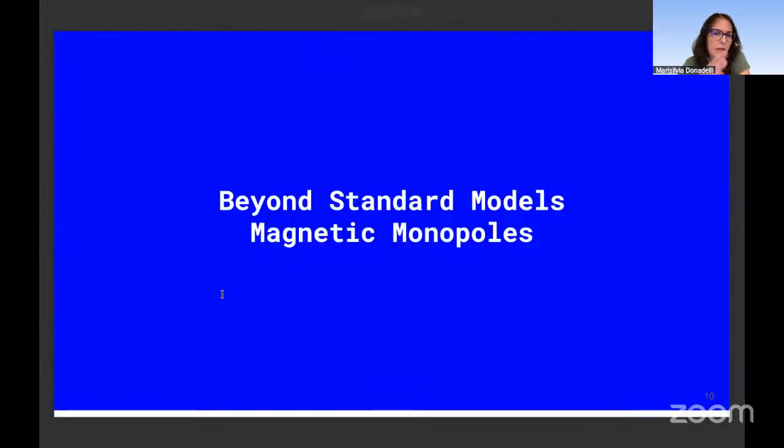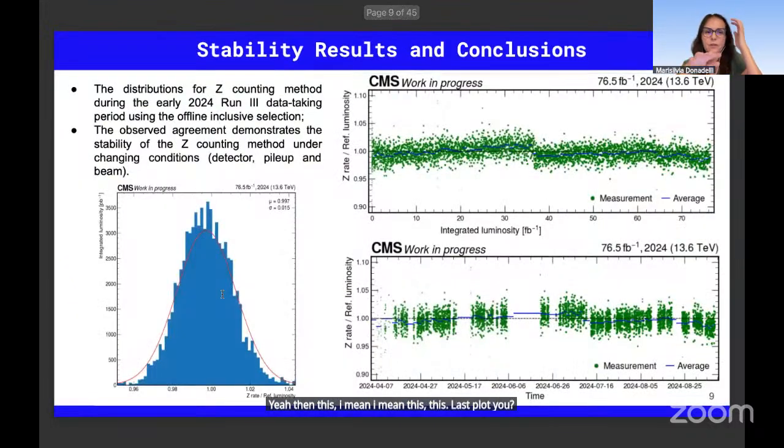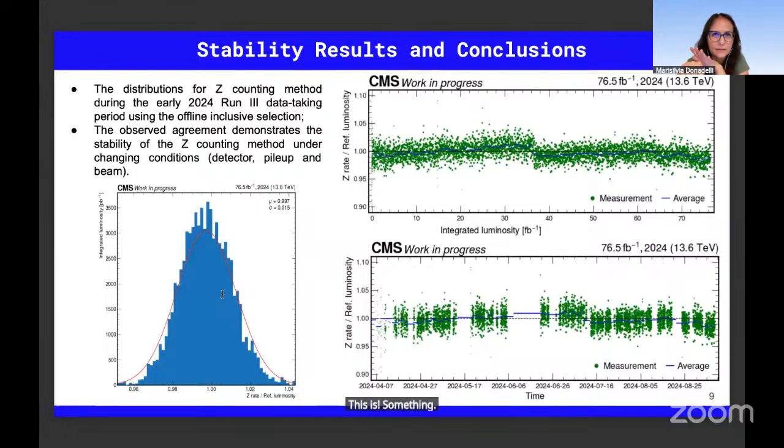This last plot you showed in terms of stability is more qualitative. You proved that the method is accurate, but my suggestion stays. If you have time somewhere, it would be nice to consolidate the work, because it's a lot of work here, right?